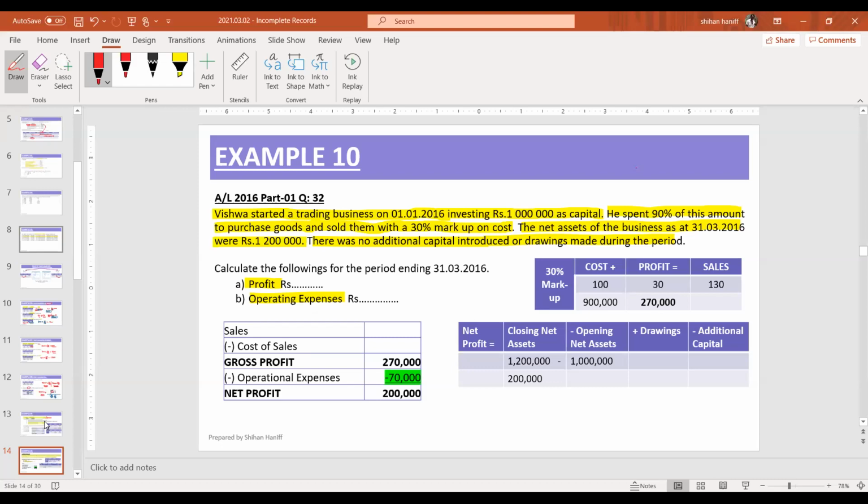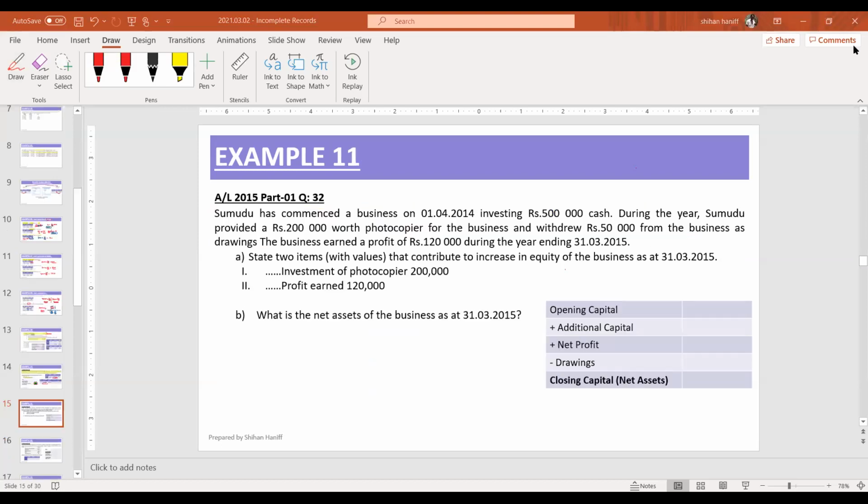2015. Sumudhu has commenced a business on 1st of April 2014, investing 500,000 in cash.